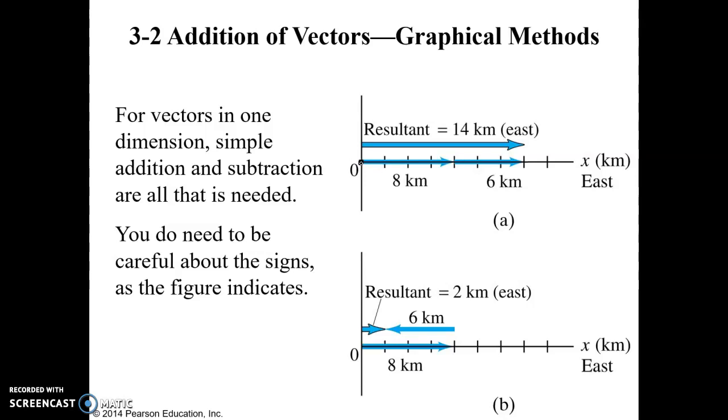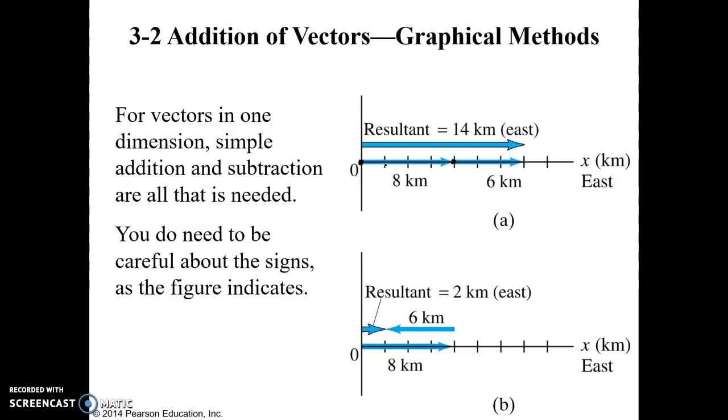So if we start off here at 0, we have this 8-kilometer vector that goes to here. And then if we take the next vector and just tack it on to where this one ends, this one is 6 kilometers. And they're both going to the right along the x-axis in the east direction.